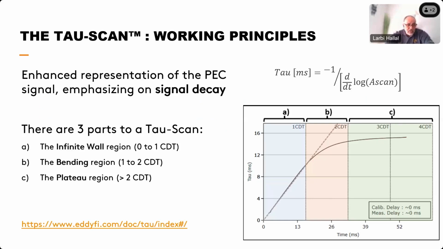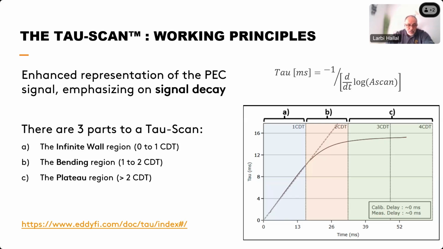So the Tau-Scan is just another representation of the signal, and it emphasizes the signal decay, in fact. The Tau-Scan view can be divided into 3 parts. The first part from 0 to 1 CDT corresponds to what we call the infinite wall region. The second part from 1 CDT to 2 CDT, CDT being characteristic decay time, corresponds to the bending region.